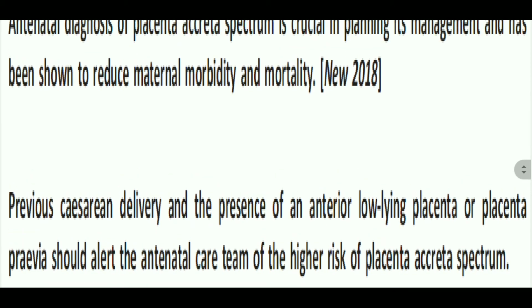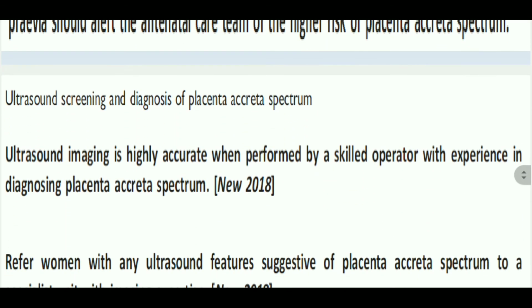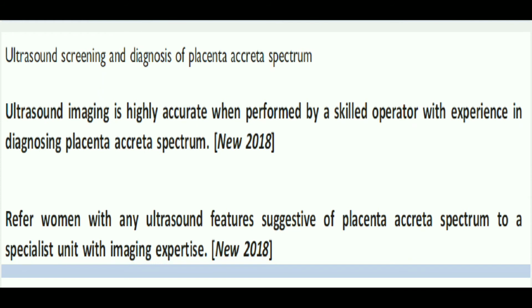And how do we suspect this case: previous cesarean delivery and the presence of anterior low-lying placenta or placenta previa. These things should alert the antenatal care team to a high risk of placenta accreta spectrum. Now, ultrasound screening and diagnosis of placenta accreta spectrum. It's written that ultrasound imaging is highly accurate when performed by a skilled operator with experience in diagnosing placenta accreta spectrum.